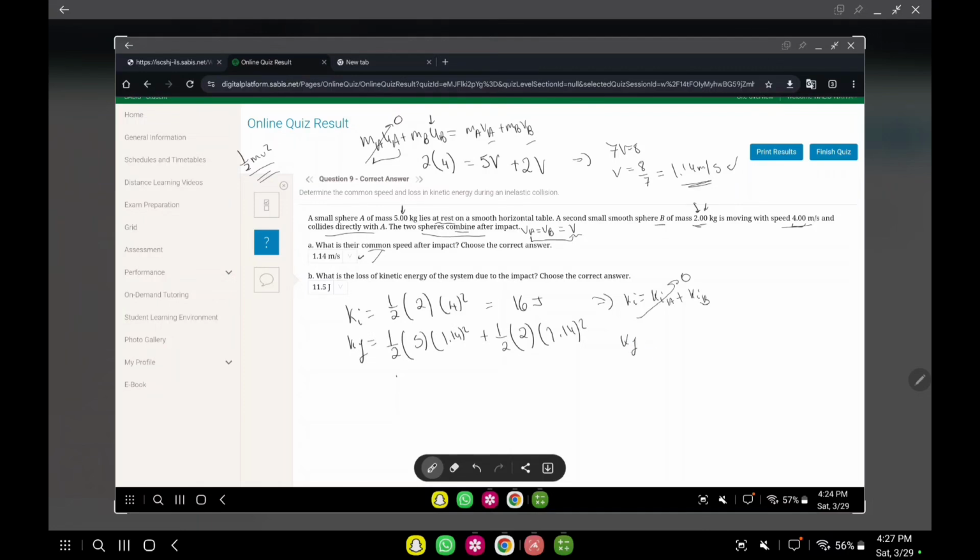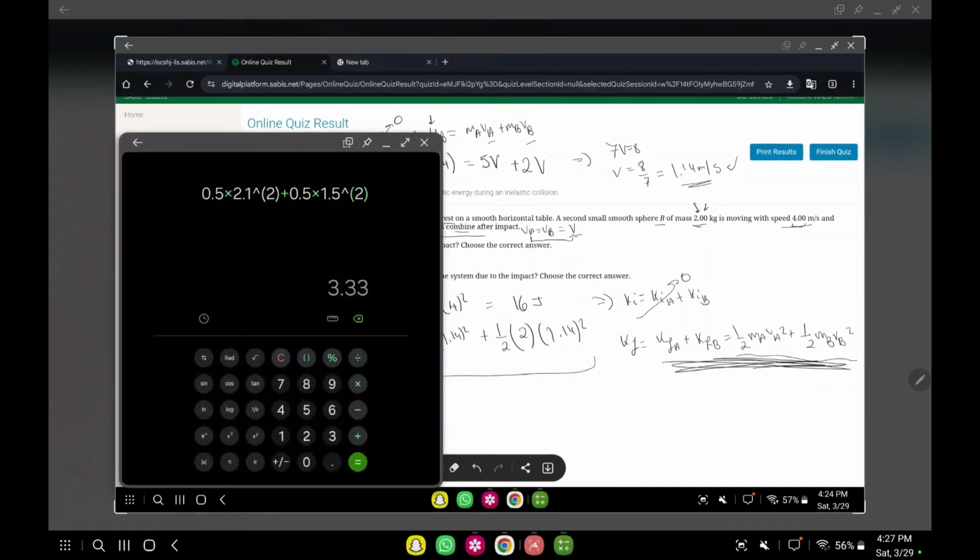And K final is K final of A plus K final of B, which is half mass of A times velocity of A squared plus half mass of B times velocity of B squared. I'm just writing this down for clarification because I'm solving without writing formulas. There you go, let's do this on a calculator.